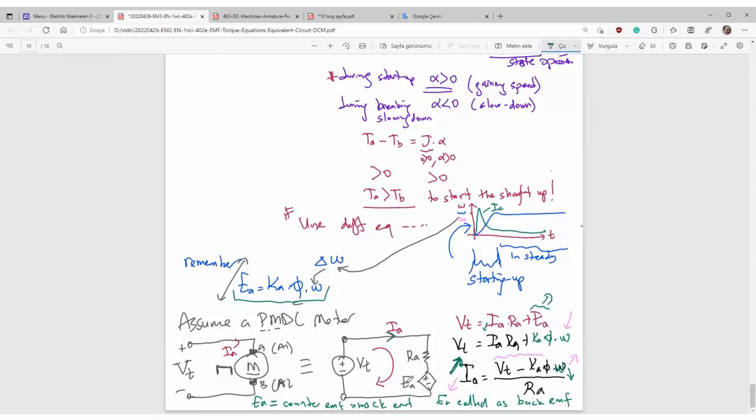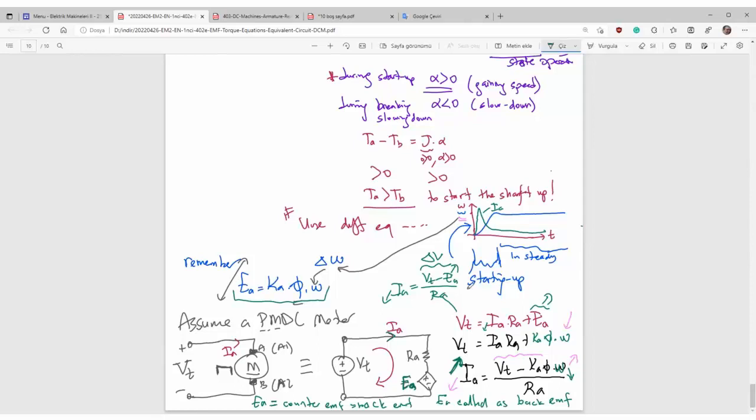For example, if EMF gets larger, current will decrease. Because here, let me write current. Current is equal to VT minus armature EMF over armature resistance. If this increases, current will decrease. Here's the delta voltage, that is the backing voltage.